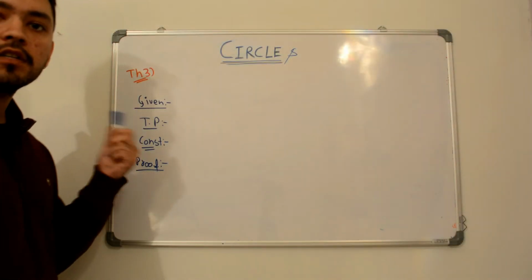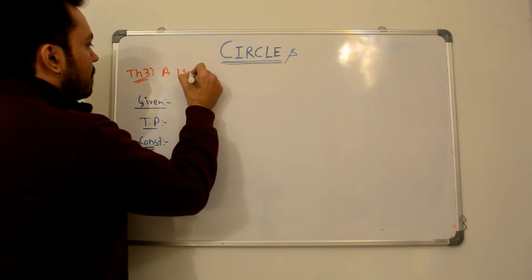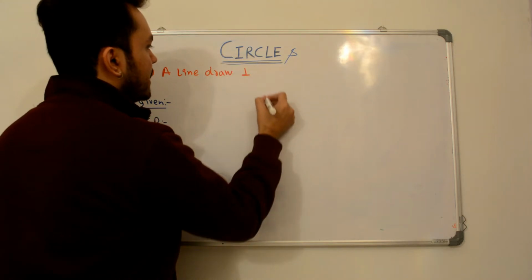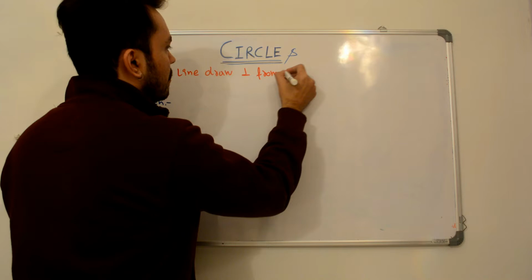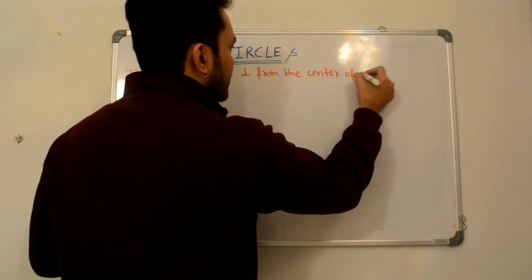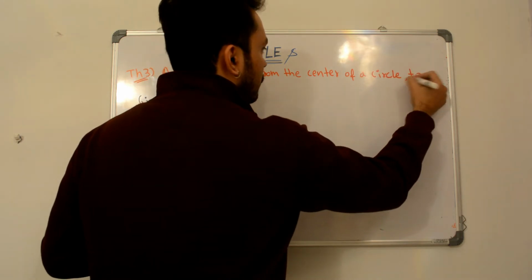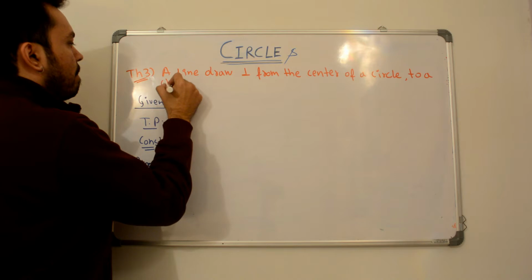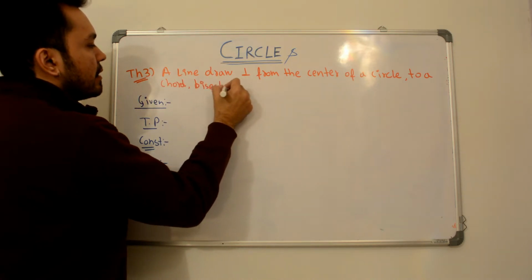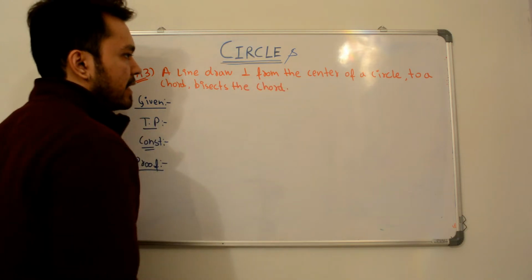So moving on with the third theorem, we have a line drawn perpendicular from the center of a circle to a chord bisects the chord, right?